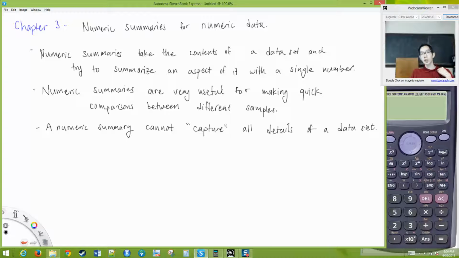But a numeric summary cannot capture all details of a data set.